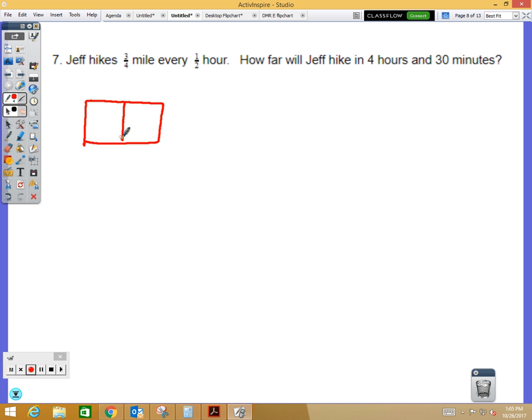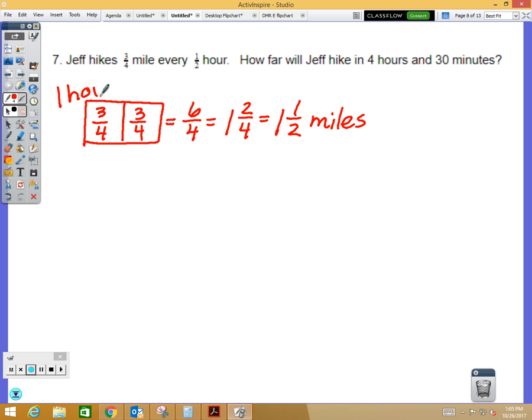All right, so 1 hour would be 3/4 and 3/4, which Caleb, you already figured out is 1.5 miles. So again, 1 hour is 1.5 miles. We okay with that?